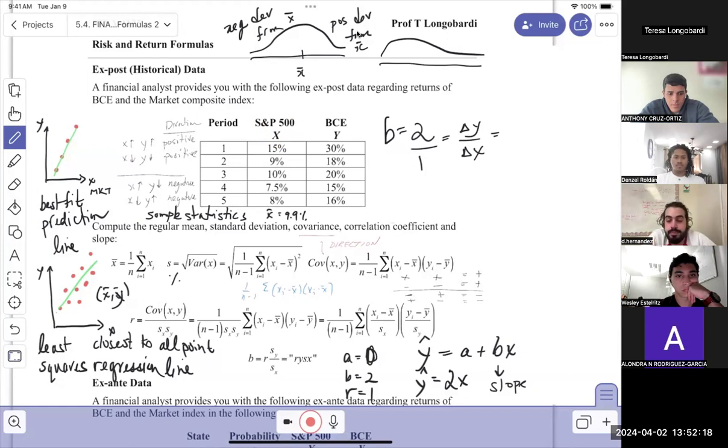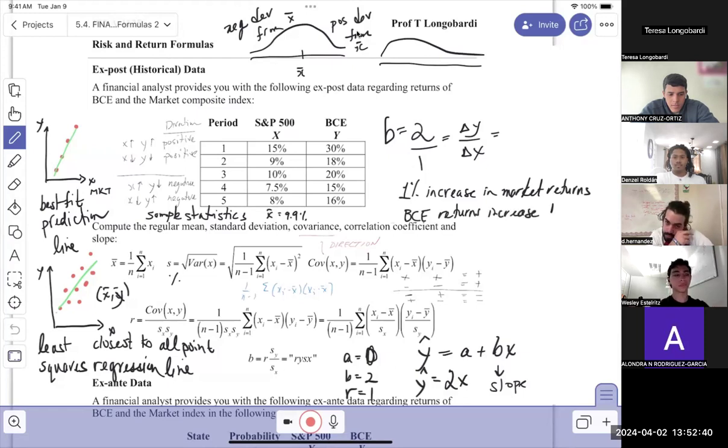So for a 1% increase in market returns, BCE returns increase by 2%.